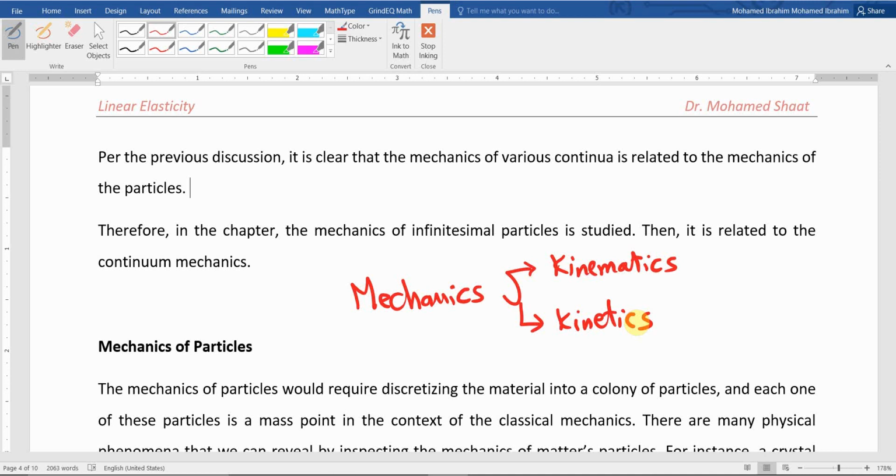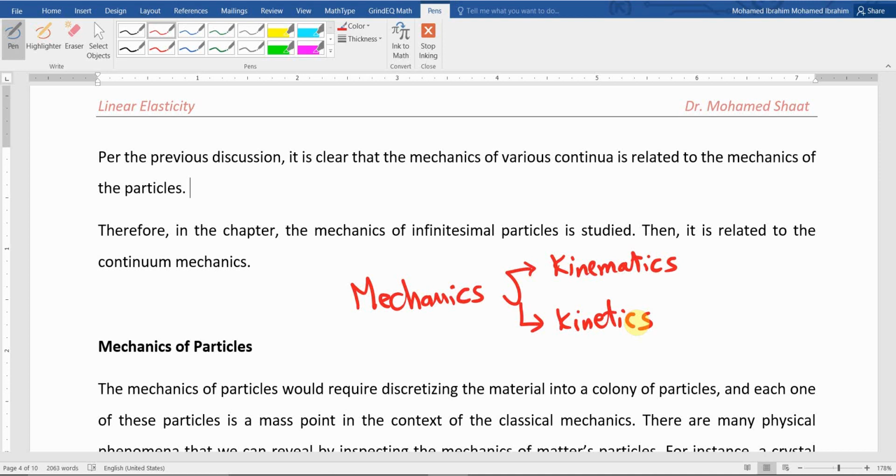The study of the overall material, this is the continuum mechanics. But the study of the particles inside the material, how they are moving, this is the mechanics of particle. So therefore, the title of this chapter is Mechanics of Particles and Continuum Mechanics.